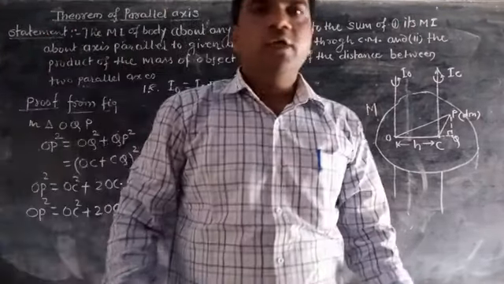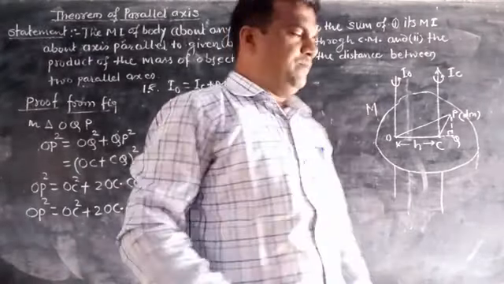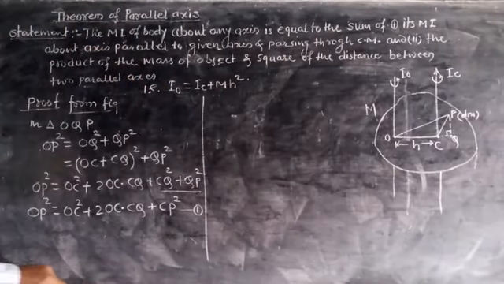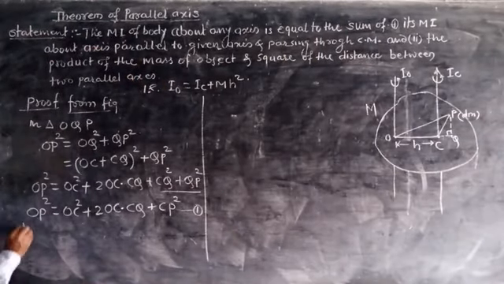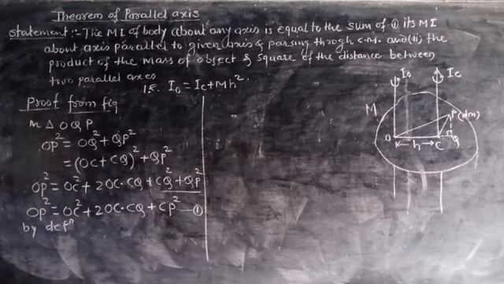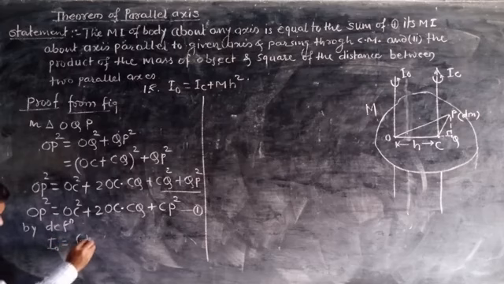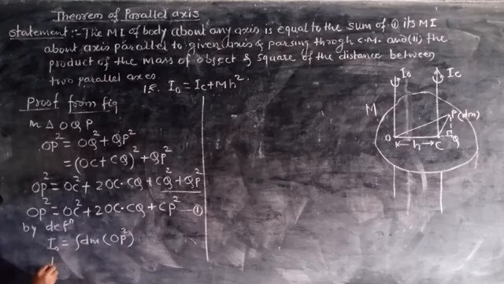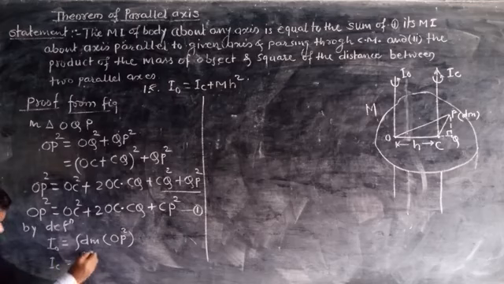Now we use the definitions of moment of inertia. By definition, the moment of inertia of element P about an axis passing through O is IO equal to integrating dm into OP square, the distance of P from O. And IC is equal to integrating dm into CP square.